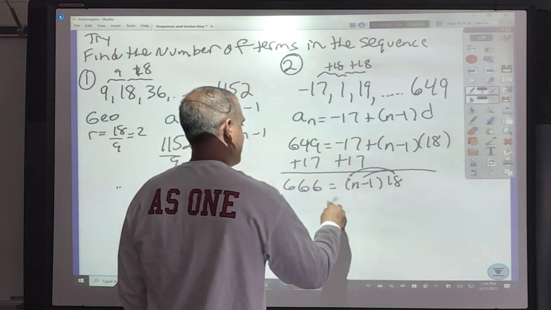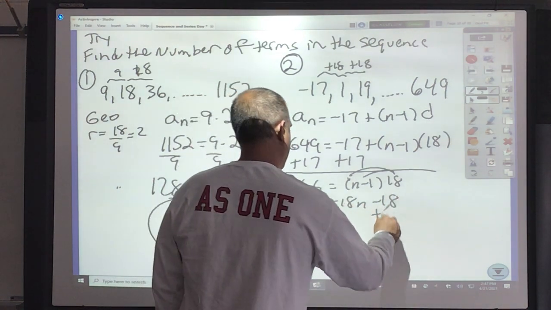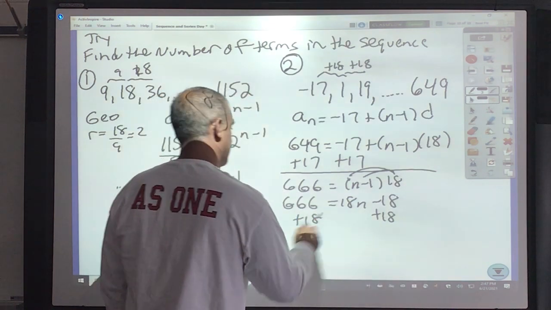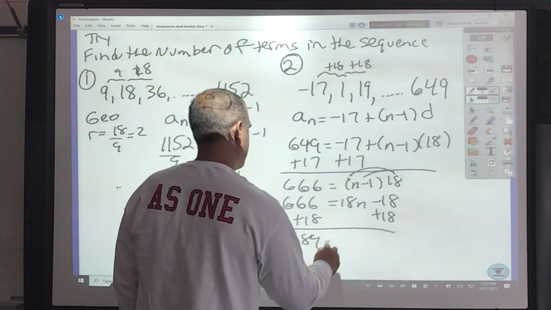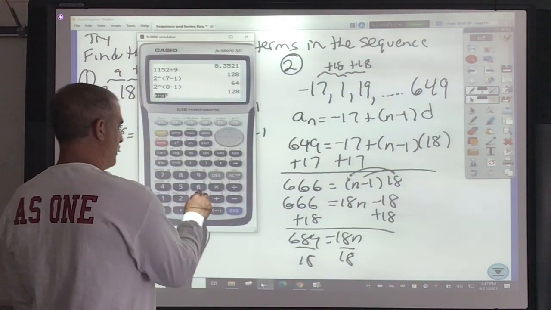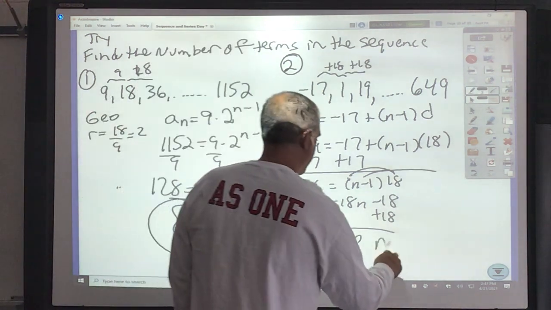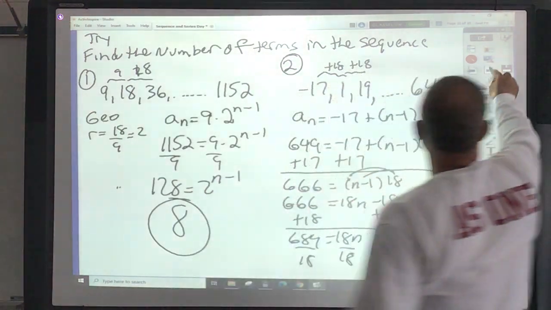I would distribute that, so it's 18n minus 18. I would add 18 to both sides. That's 684. And divide by 18. Let's see what that gives me. 684 divided by 18 gives me n being 38.